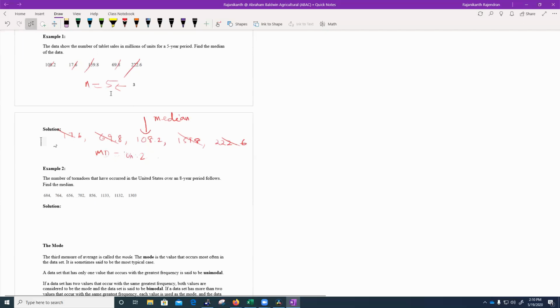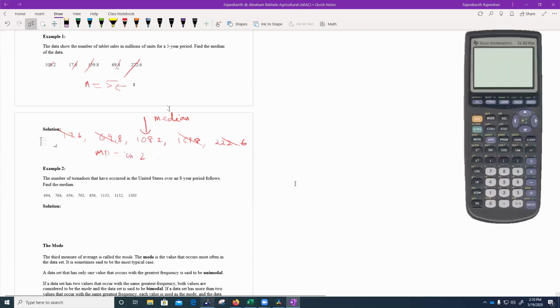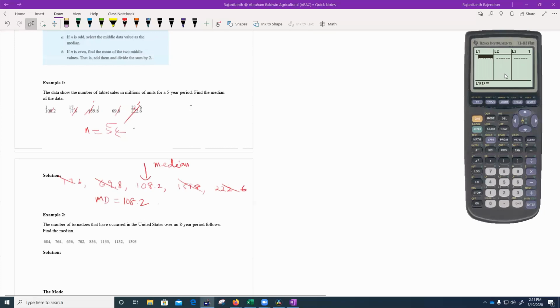Again, you could use the calculator to find the median. Just enter all the data values into the L1 column. So I'm entering all the given raw data without arranging, right? If you use the calculator, you don't need to arrange. The calculator will do everything automatically.